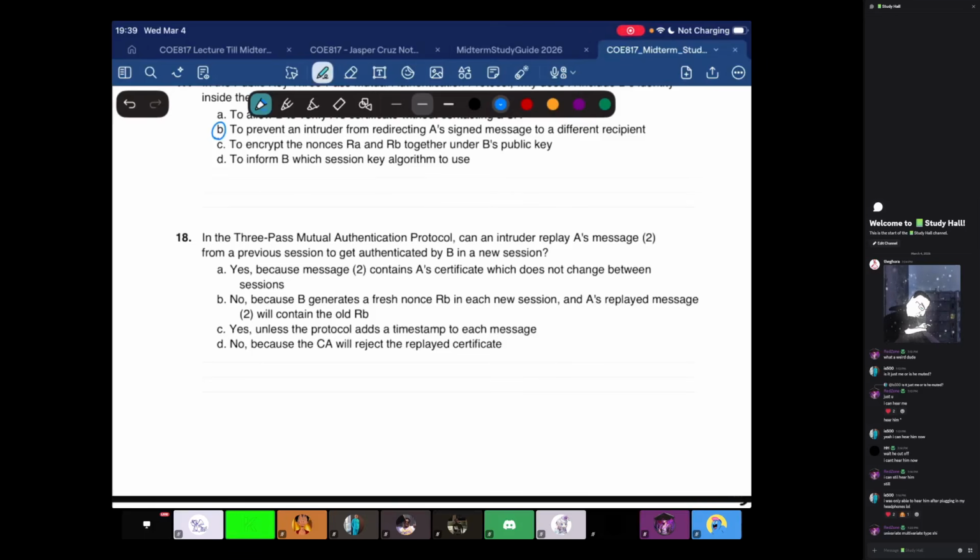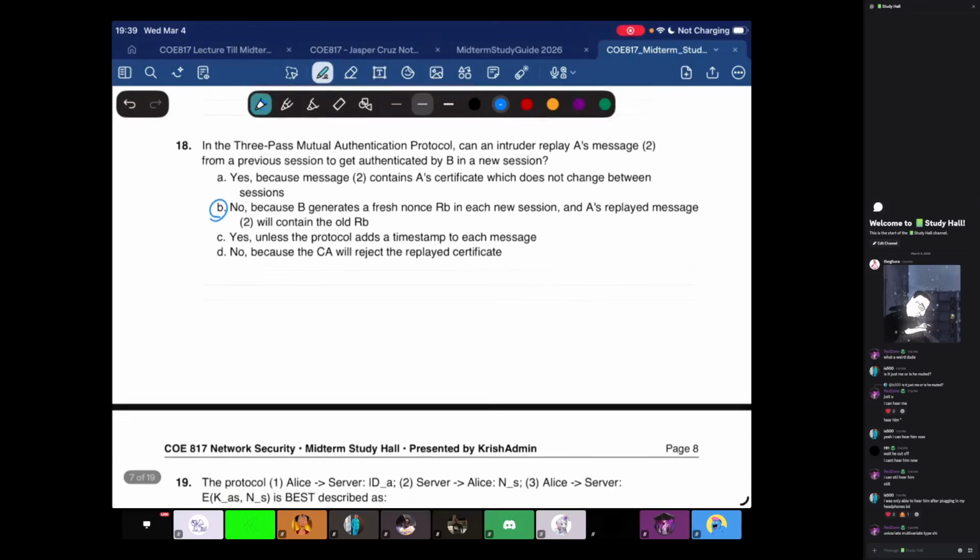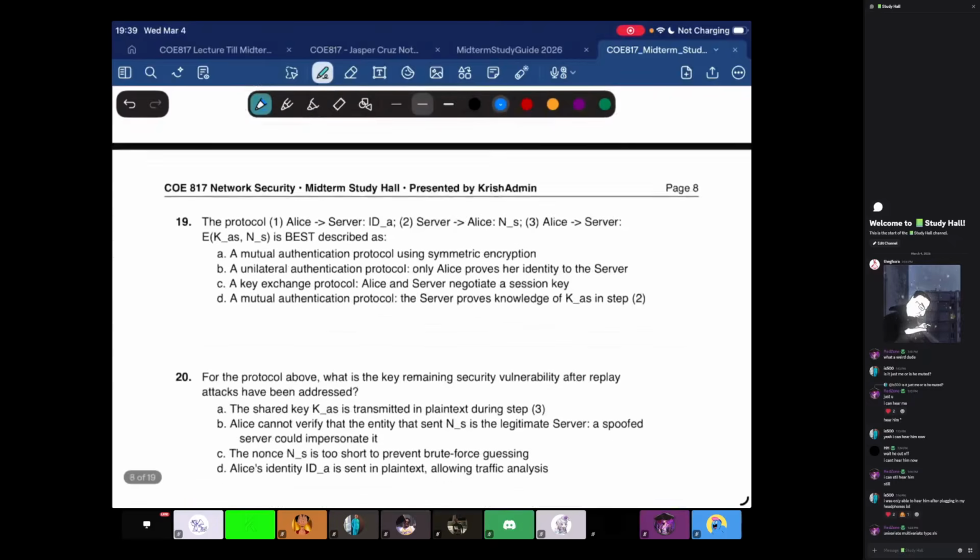In this question, since in this mutual authentication protocol you use nonces, each message is going to have a new randomly generated value, and since it will contain the old RB, the value that was sent by B, it won't be possible for an intruder to perform this replay attack.